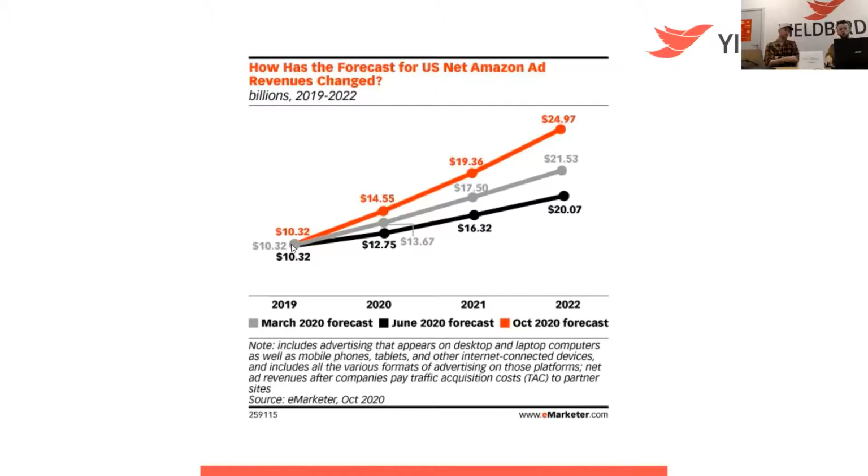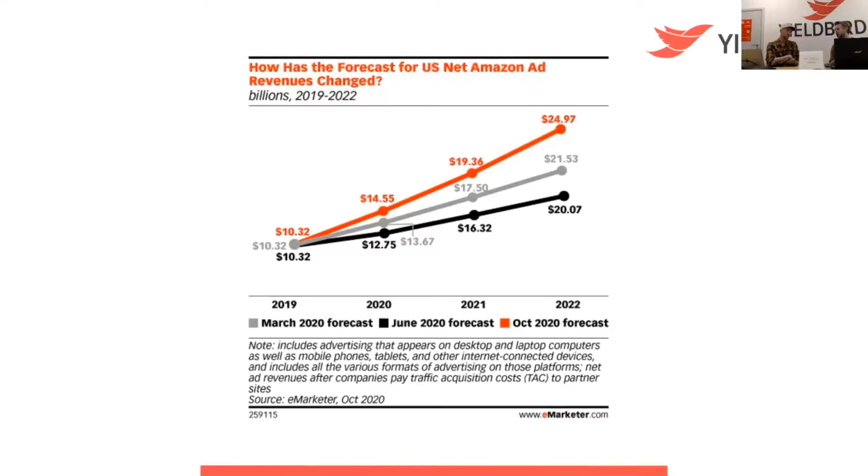It's supposed to grow to 2.5 times what they did in 2019 within the next 2 years. And it's already increasing, because in March they were forecasted to grow to 21, and now they are forecasted to grow to 25.